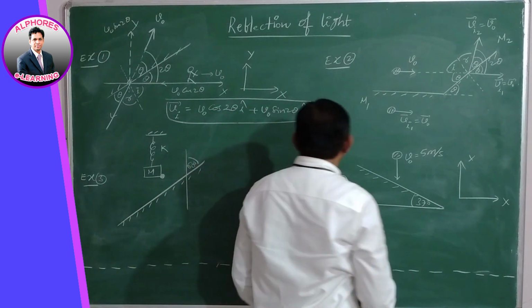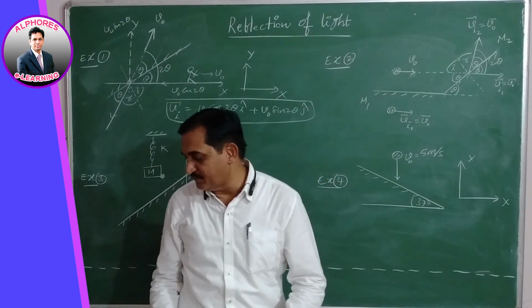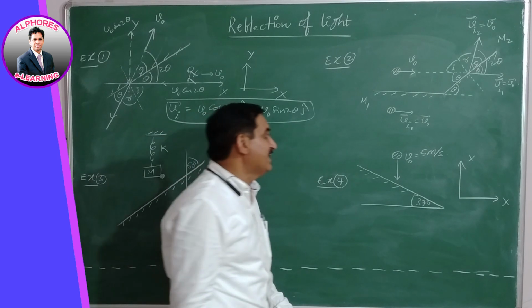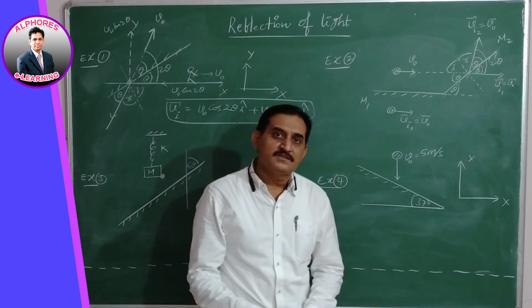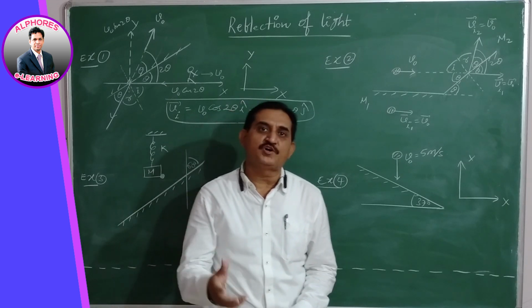Now, we use a formula, that is vector subtraction. It is the relative velocity concept. So relative velocity depends on the basic concept of vector subtraction.